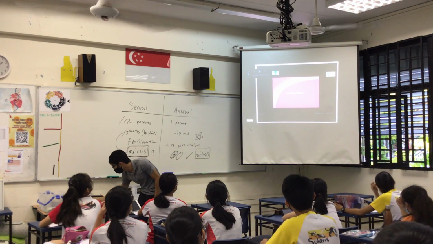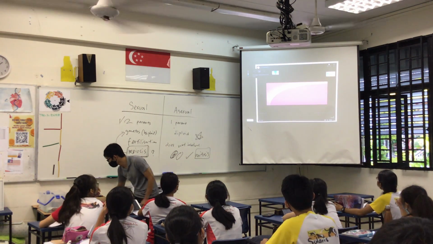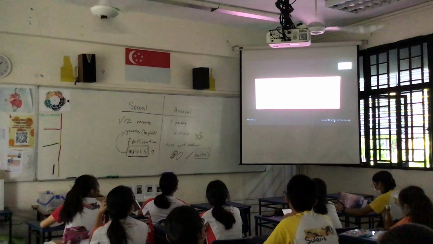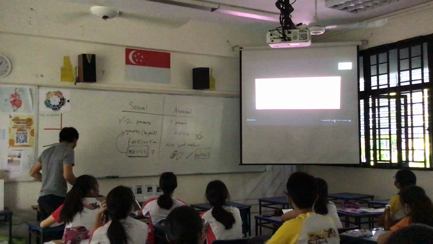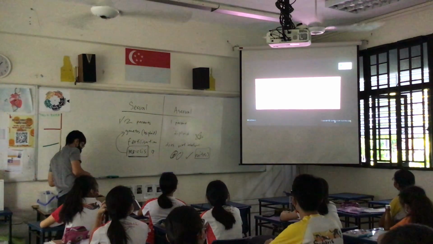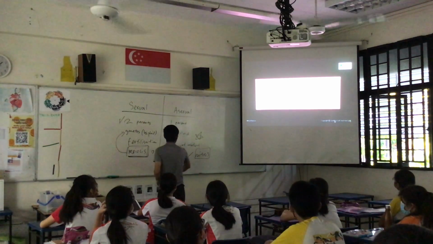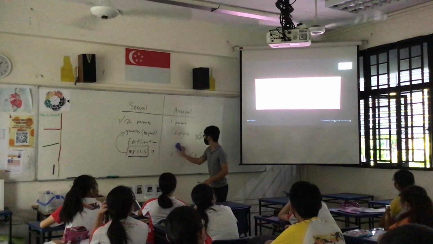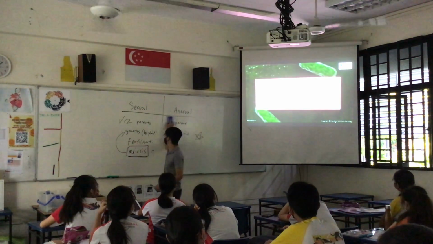Asexual reproduction. By the end of this topic, you will be able to describe different types of asexual reproduction, describe vegetative propagation and its types, and describe different methods of artificial propagation.